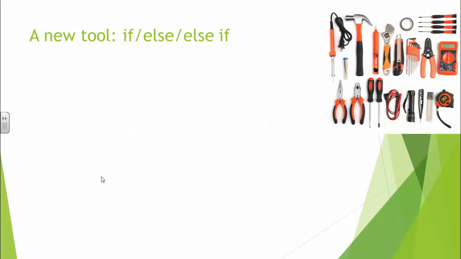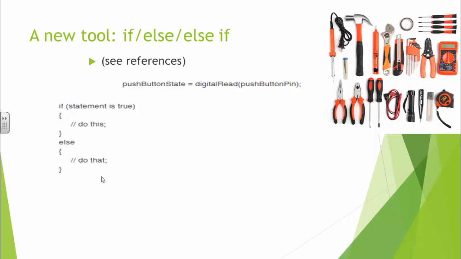Now, there's an additional tool that may be helpful to you looking forward, and that'll be quite familiar to you if you're a veteran programmer of if-else and else-if. So the syntax is here. Don't forget to check the references for the exact thing.